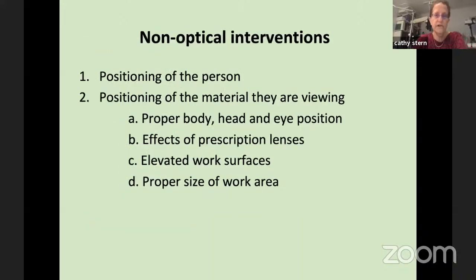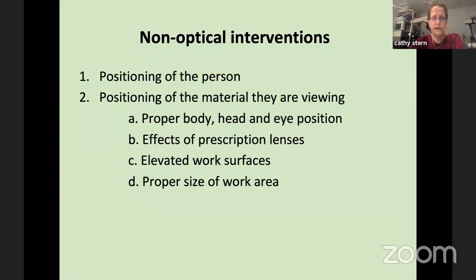And as we're finishing up here, you want to think about just the position of the person and the position of the material. If we are not well supported in our bodies, then we cannot move our eyes as easily. So we cannot use vision well if we don't have a good base of support.